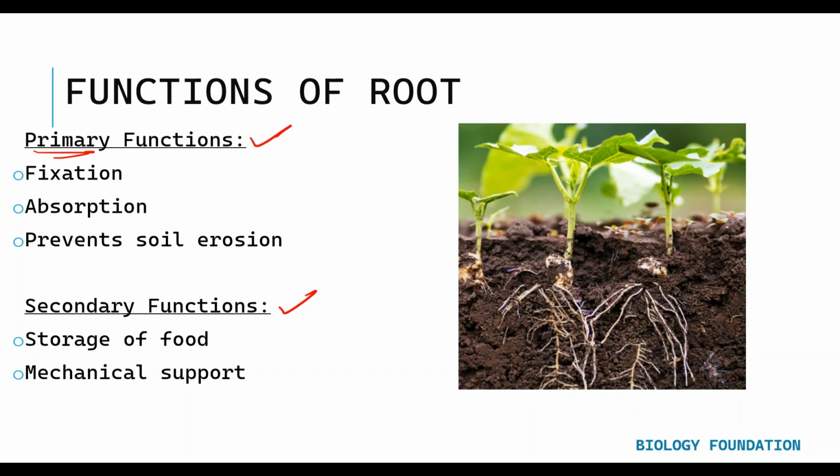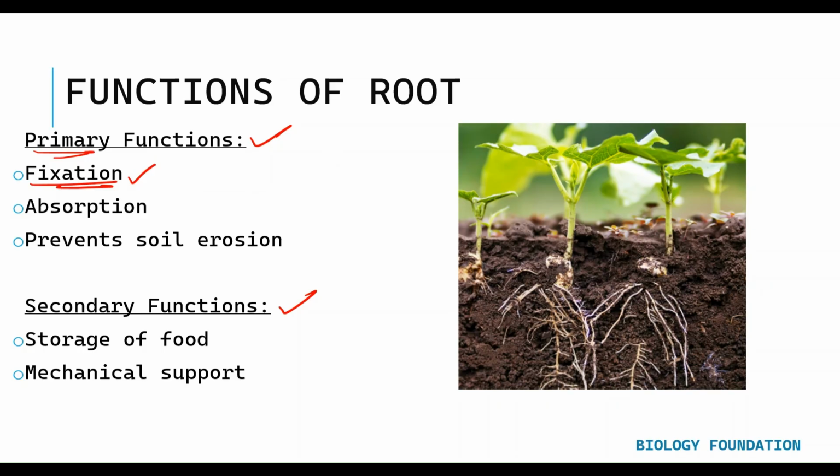Now, what is the basic function of a root? That is what we are understanding here. It is fixation. That means it allows the plant to get fixed into the soil. If there are no roots, then the plants cannot firmly get attached to the soil. So, roots help in the firm attachment of the plant to the soil. That's the first primary or basic function of a root.